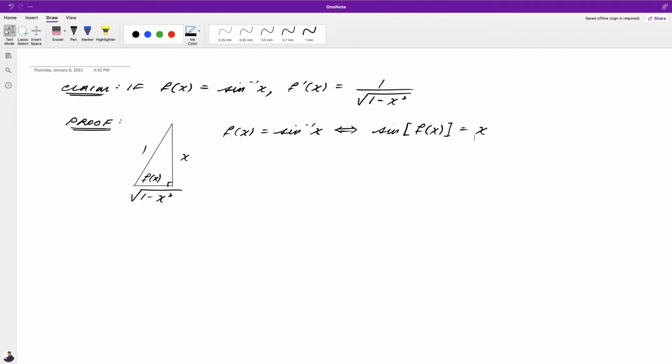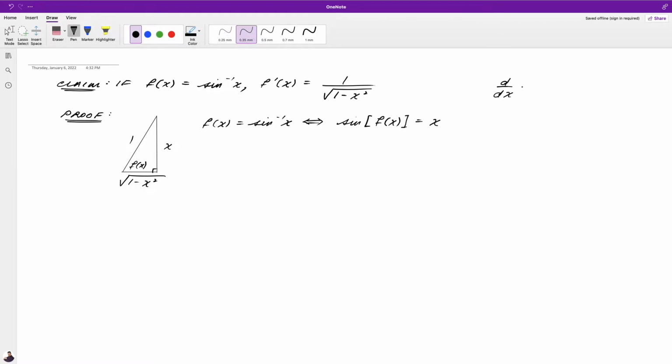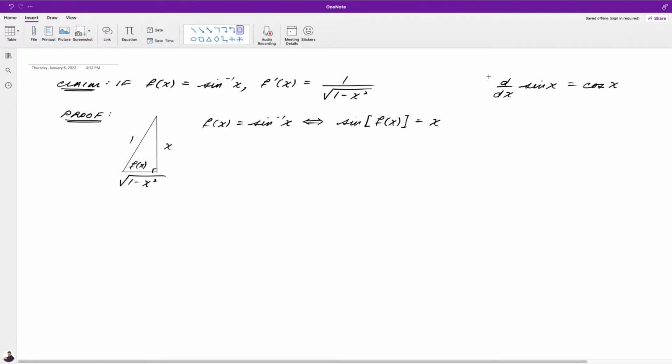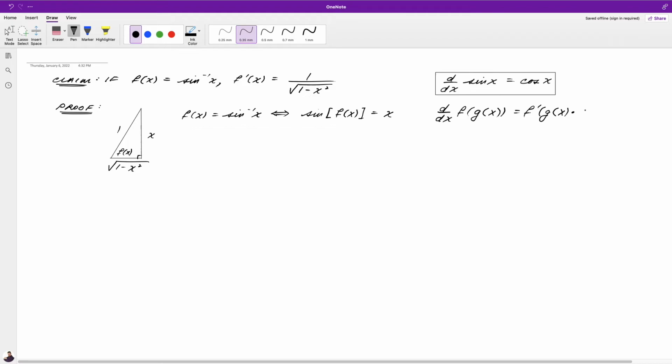Okay, very good. Now, again, we do have available a video for the proof of the derivative of sine of x. So d dx of sine x we know is equal to cosine x. Let's get that in the box. And we also know that d dx of f of g of x is equal to f prime of g of x times g prime of x.